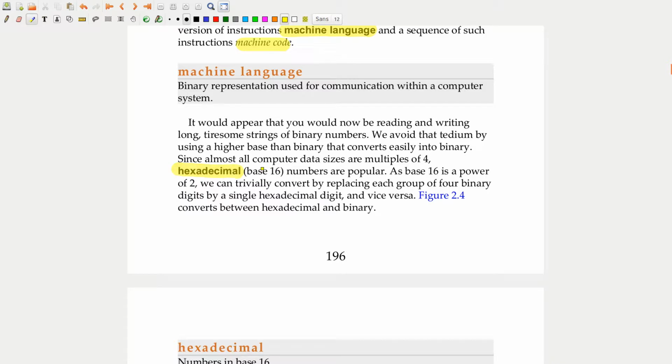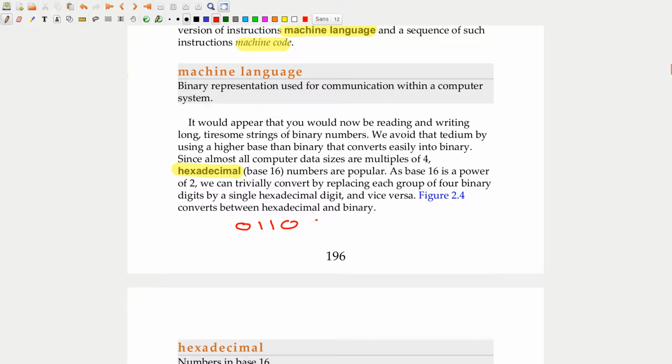Hexadecimal is base 16, and basically what happens is we take these 4-bit chunks. Let's say we have 0, 1, 1, 0, 1, 1, 1, 1. This is just a single string of binary digits.